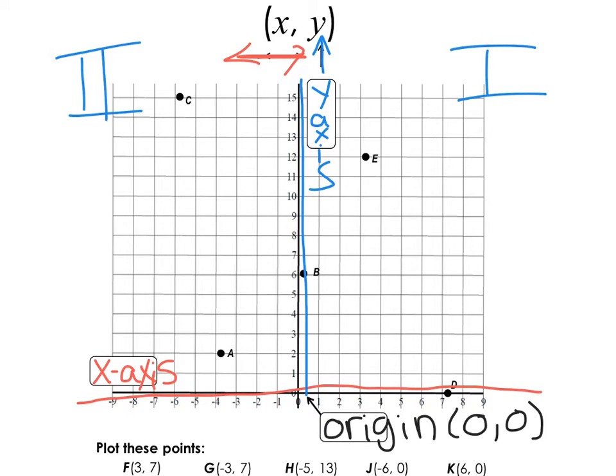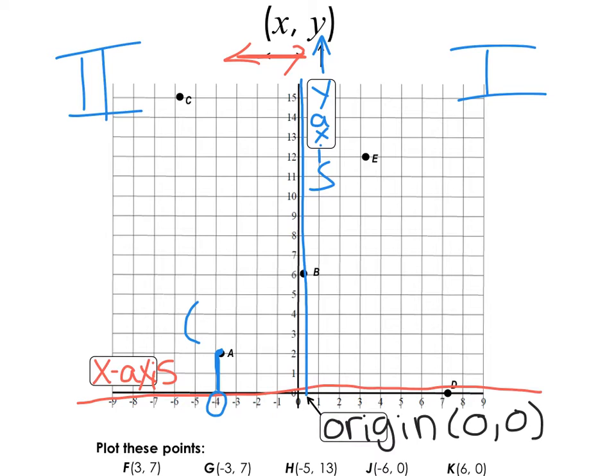Okay. Now we're going to find our ordered pair. Remember, we're always going to find x first and then y. So I'm going to go to A, and I'm going to look at my number line. When we start here, we can see that A on the x number line reads a -4.